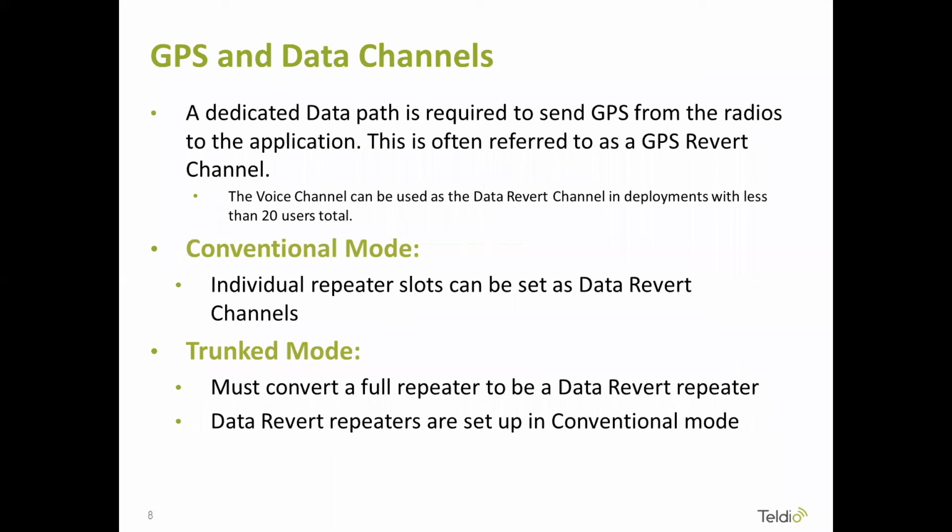You can set a slot for data revert. And if you have less than 20 users, you can actually pass that over the voice channels without keeping a slot for data. Okay. Hopefully that answers it, but if you need more clarification, feel free to contact us.